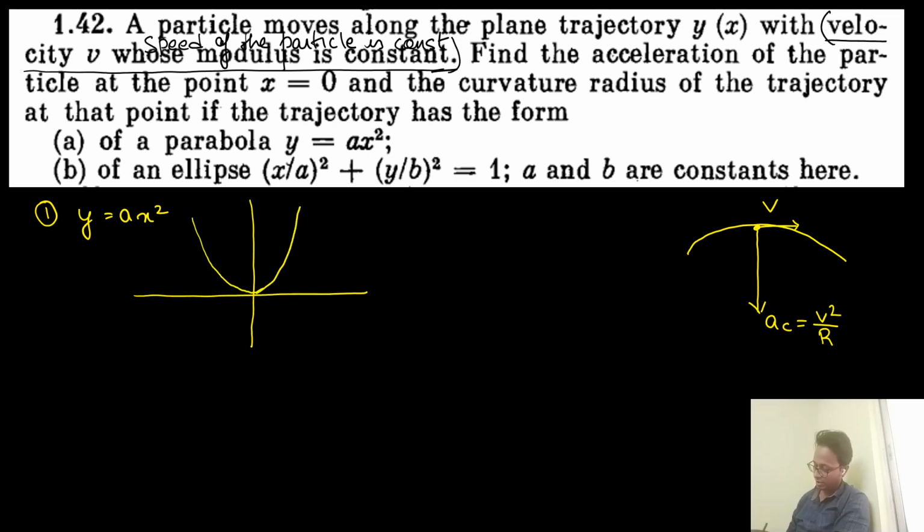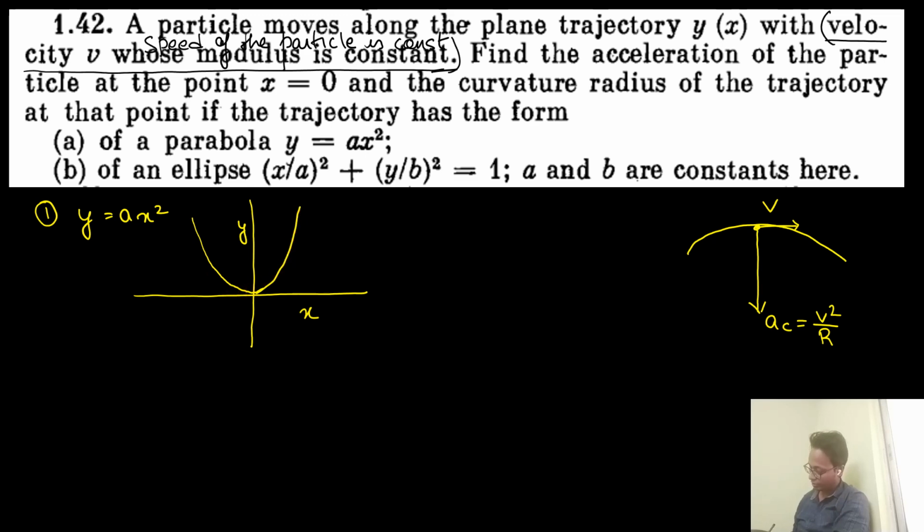Like this. This is the graph of y is equal to ax square. Roughly, this is the graph. How the slope of this curve will depend upon the value, but this is the rough sketch. Now this particle out here was moving with constant velocity along this path.